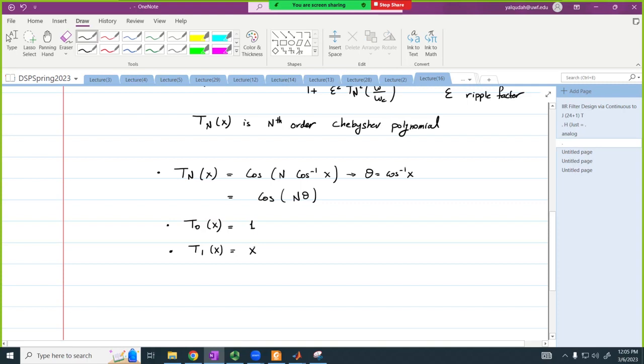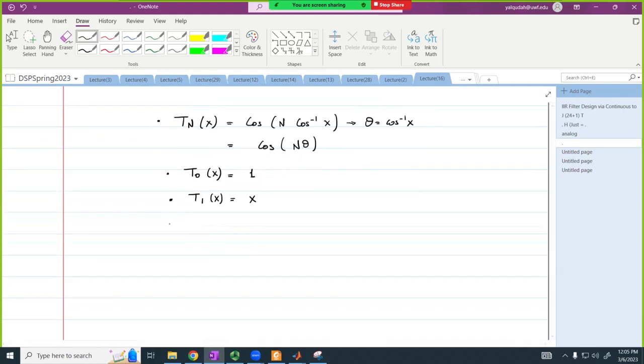Together, everybody? And then we can calculate T2 of x. And T2 of x is going to equal cosine 2 multiplied by cosine inverse of x. How do we calculate T2 of x?